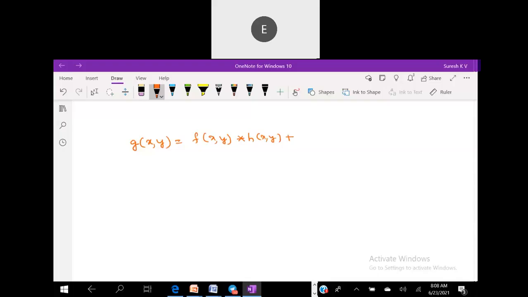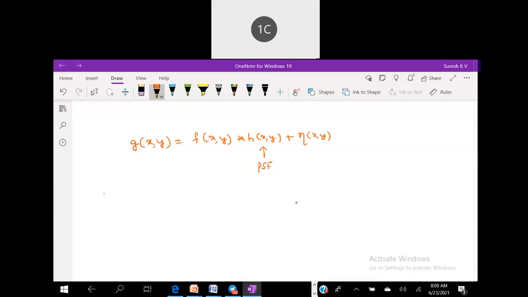And impulse response is also called by another name. Can somebody tell me what is the name of impulse response in 2 dimensions? Point spread function. Yes, point spread function, PSF.